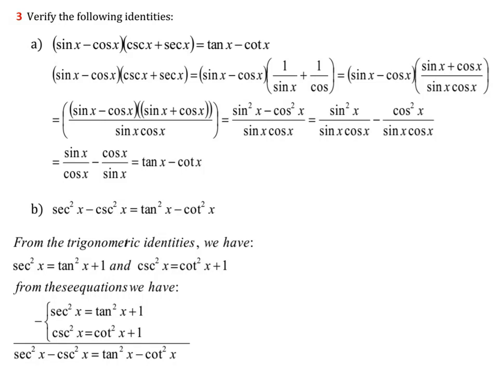Then by subtracting these, we have that sec square x minus cosec square x is equal to tan square x minus cot square x, which is the required result.